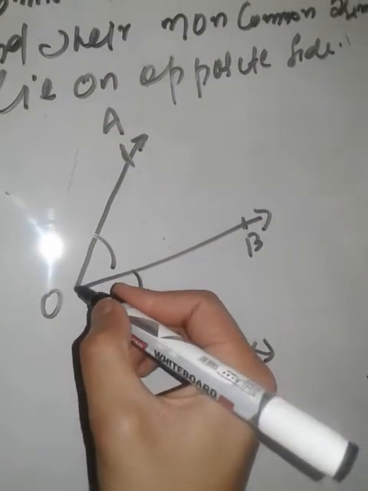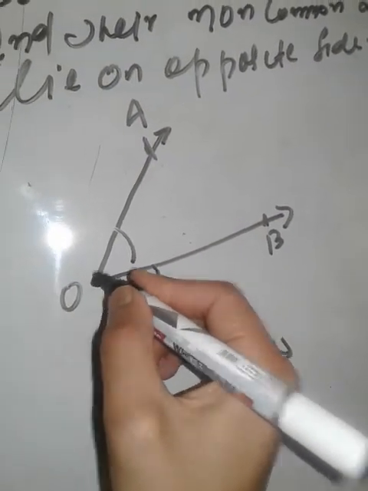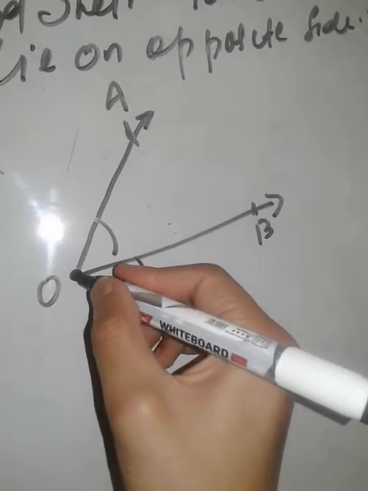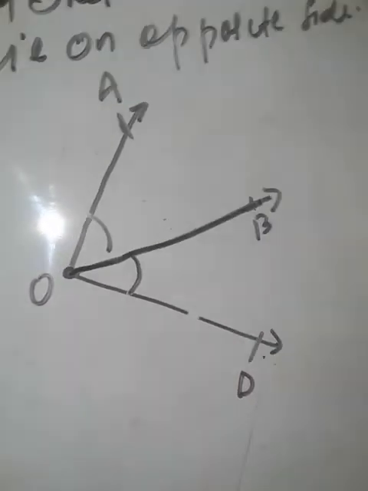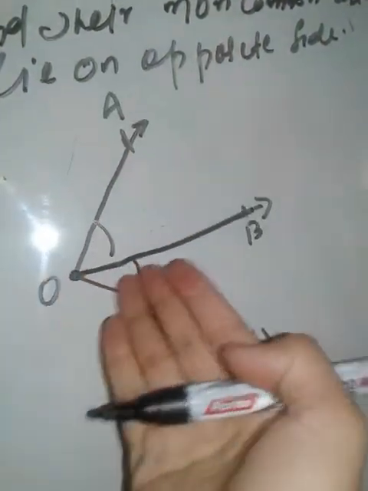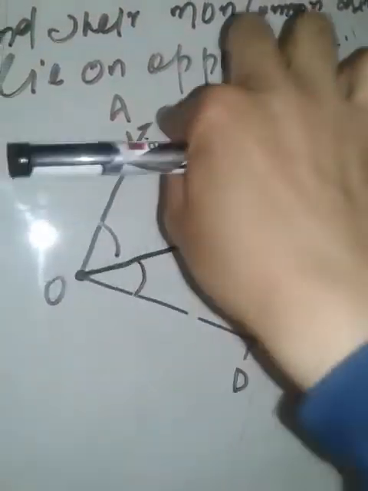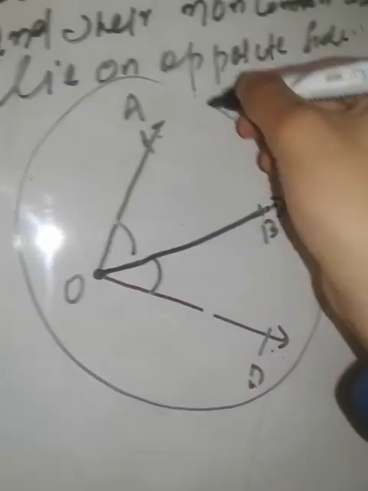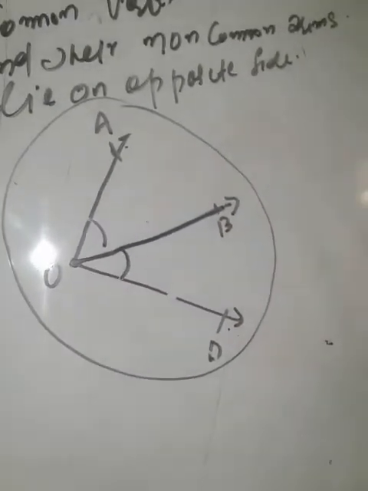They have a common vertex. Here these two angles have common vertex O. They have a common arm. OB is their common arm, and their non-common arms are the arm of this angle and the arm of this angle. They lie on opposite sides. This lies on this side, this lies on this side. So this pair of angles are called adjacent angles.